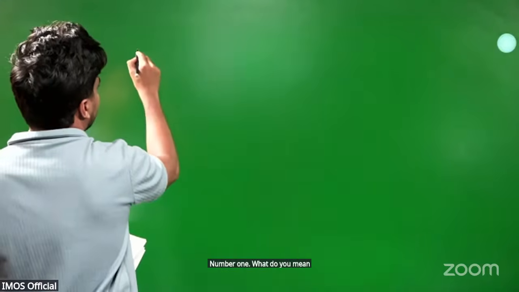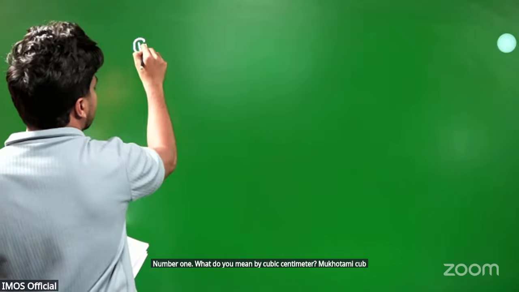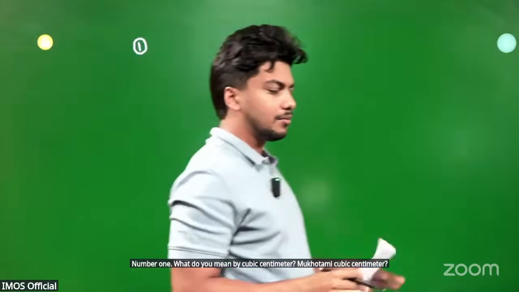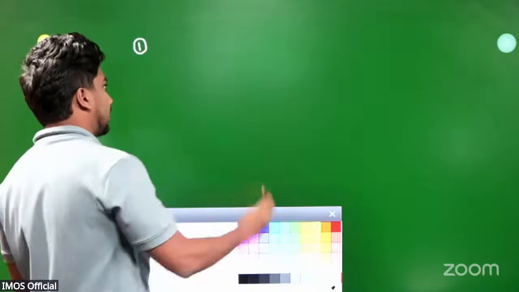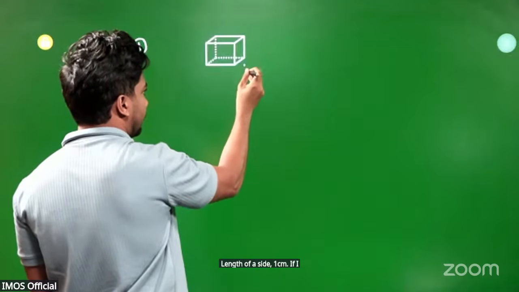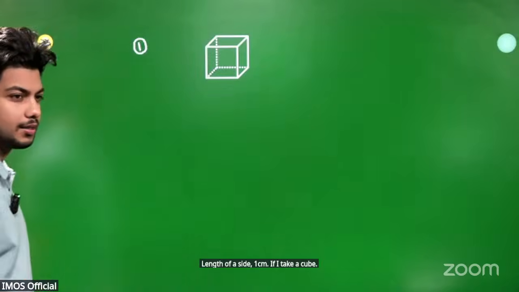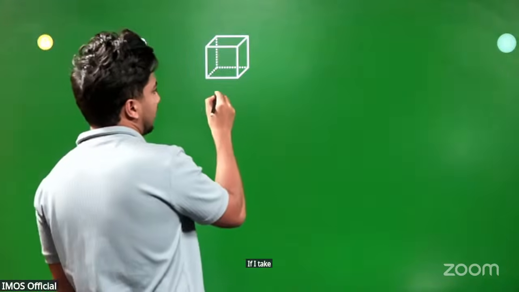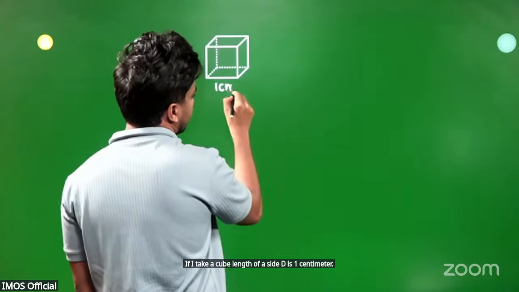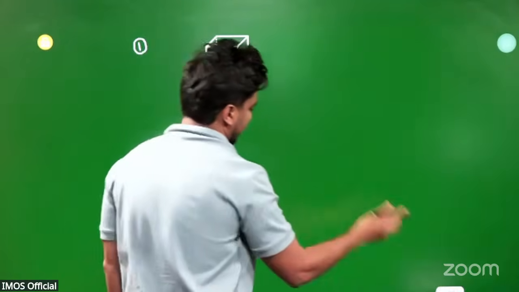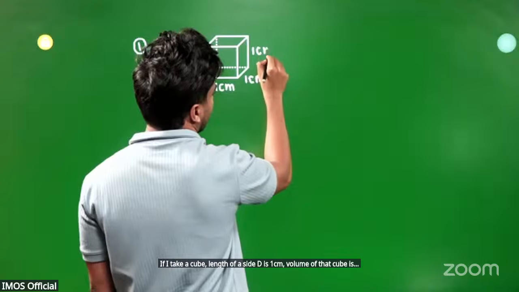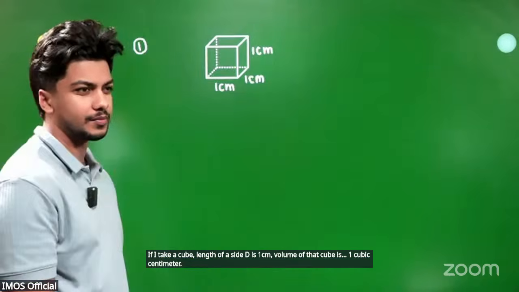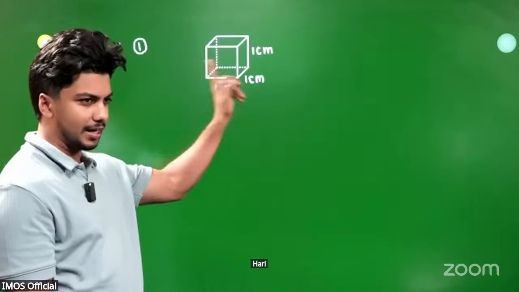What do you mean by cubic centimeter? If I take a cube, length of a side is 1 centimeter, the volume of that cube is 1 cubic centimeter, length into breadth into height.